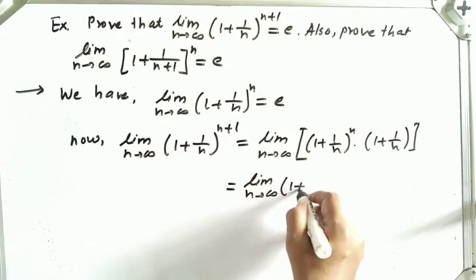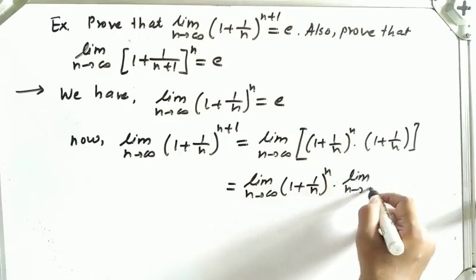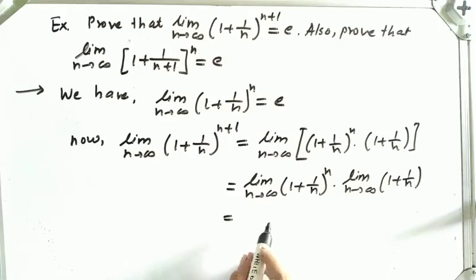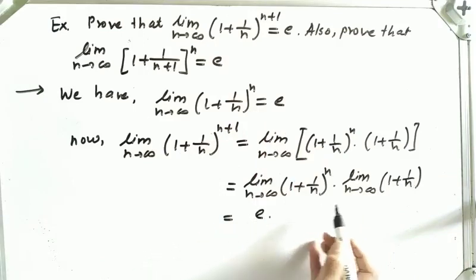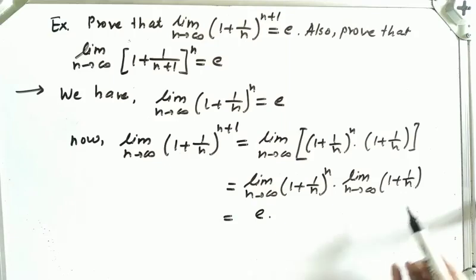Limit n tends to infinity (1 plus 1 upon n) raised to n into limit n tends to infinity (1 plus 1 upon n). So limit n tends to infinity (1 plus 1 upon n) raised to n is e. We know that. So it is e into, after applying limit to this bracket, as n tends to infinity this will be 0. So 1 plus 0 is 1.